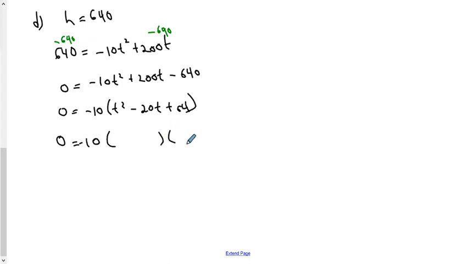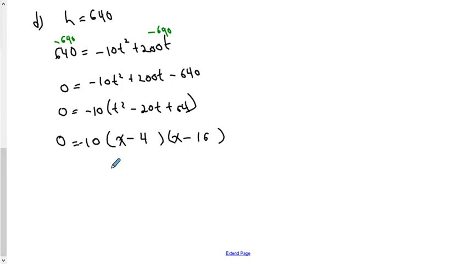That means it's going to end up factoring like this. An x here and an x here. They multiply to a positive number, add to a negative number, so I know both my numbers have got to be negative. What are those two numbers? Multiply to 64, add to negative 20. Well, the answer is negative 4 and negative 16. Those are my two numbers.